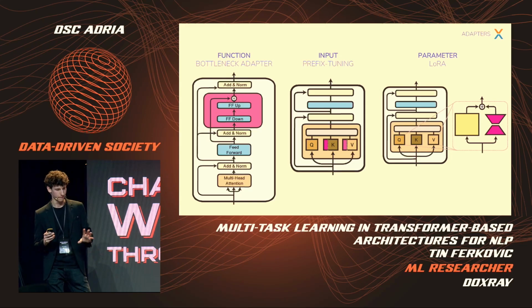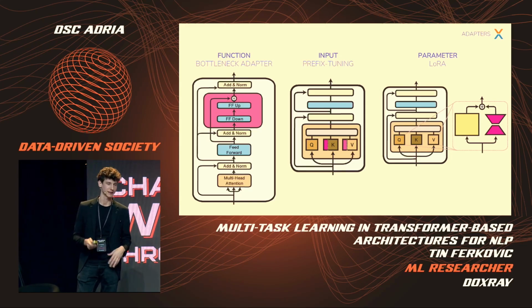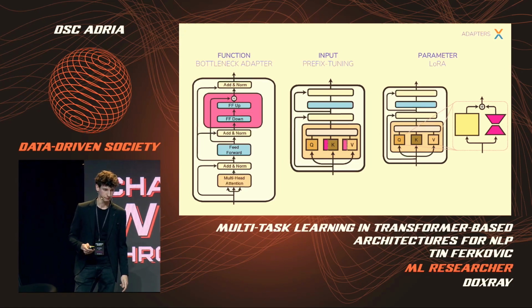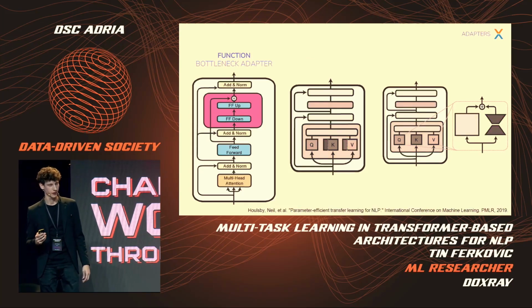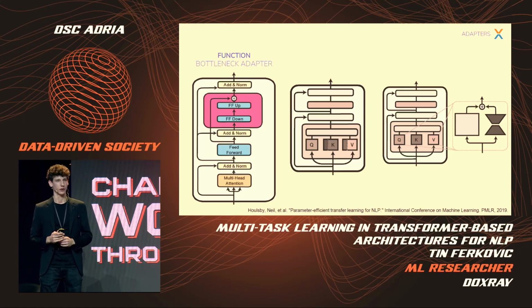You can see in pinkish violet color, it's the only part that's being trained. Everything else is frozen, right? And we'll start with the function composition with the bottleneck adapter, whose concept is simpler.